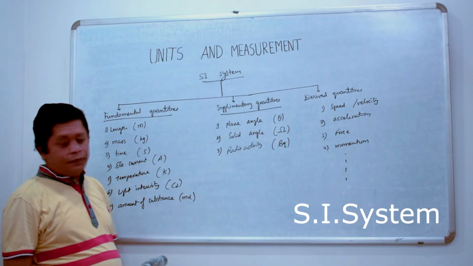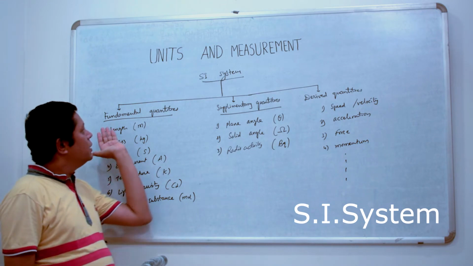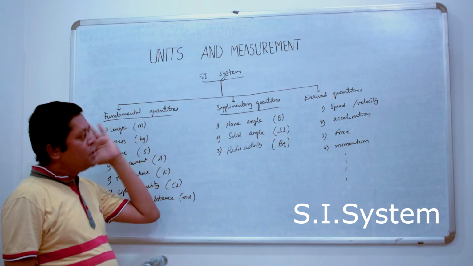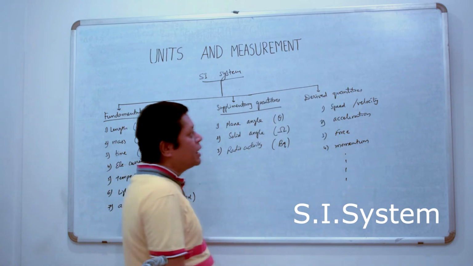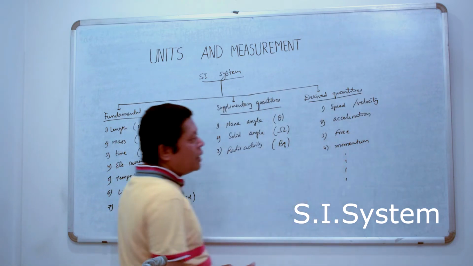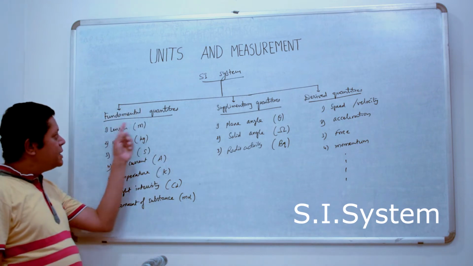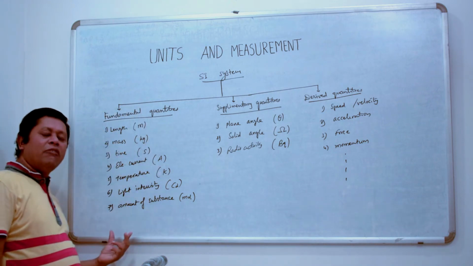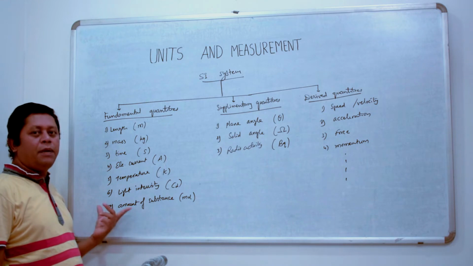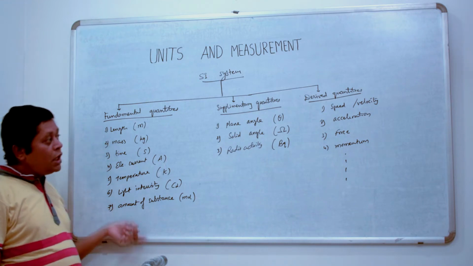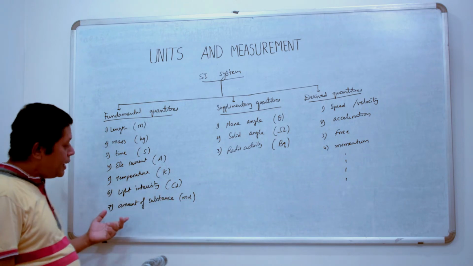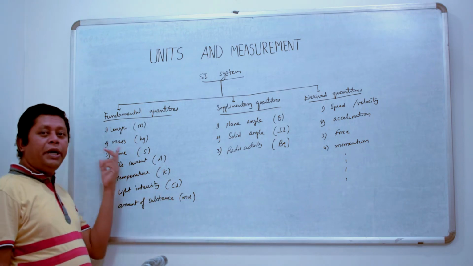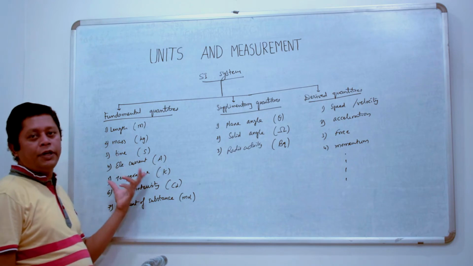This system consists of fundamental quantities, supplementary physical quantities, as well as derived physical quantities. There are 7 quantities called fundamental physical quantities because any other physical quantity can be obtained by either multiplying or dividing these quantities.